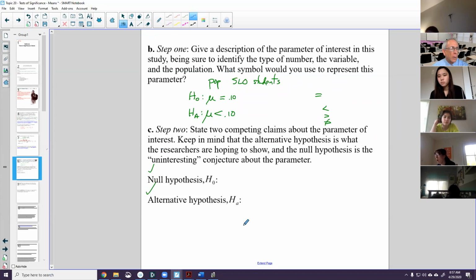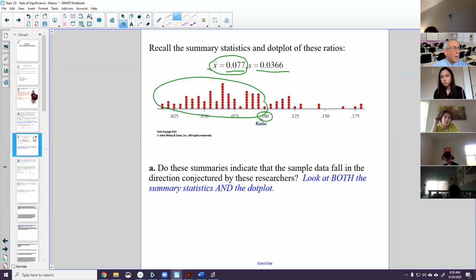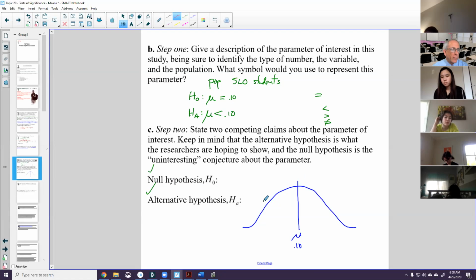I know I'm going to have a picture like that, and in the middle is going to be my mu of 0.10. And I already know that my test statistic is 0.077, so it's over here somewhere.